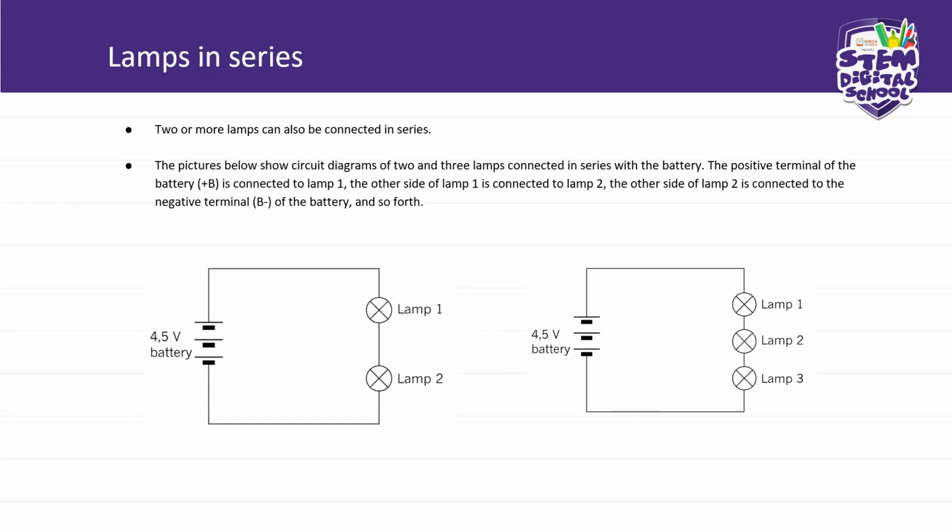What happens with the output of a series connection of lamps? What happens? Can you remember? What happens when you connect lamps in series in a circuit?